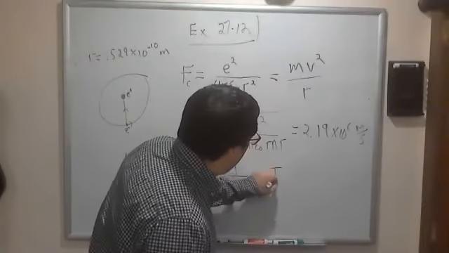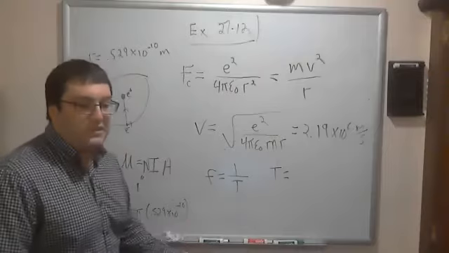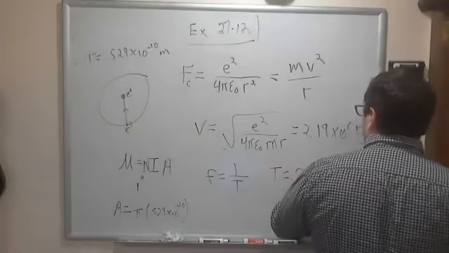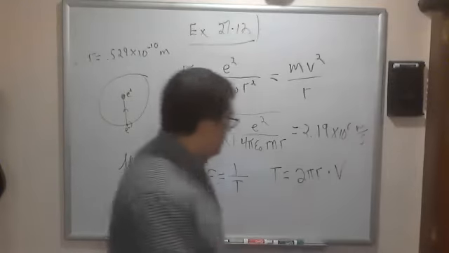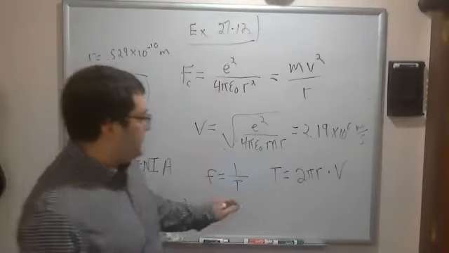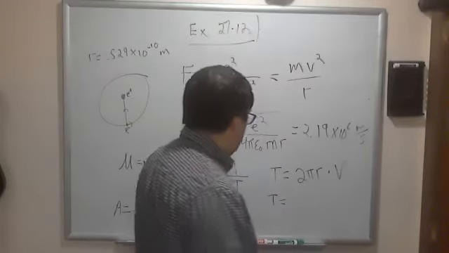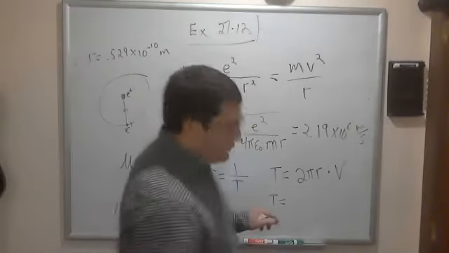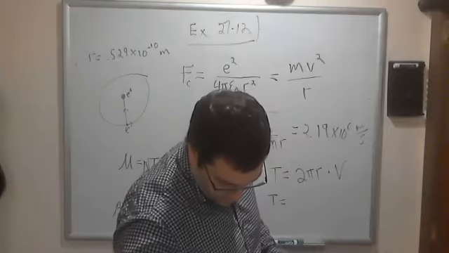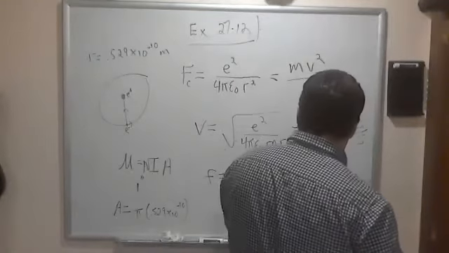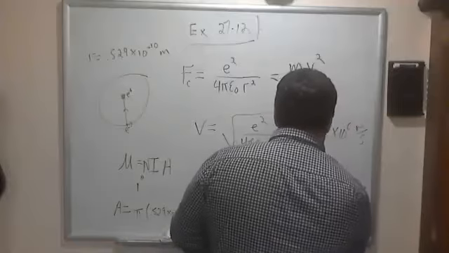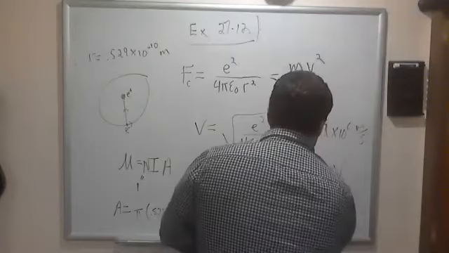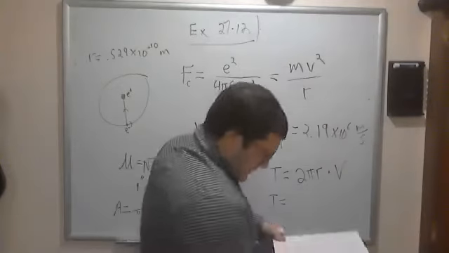So the period is equal to the distance over velocity, right? The distance is just the circumference divided by the velocity. So we plug this in, and we get 2 pi, I'm sorry, just write it down.